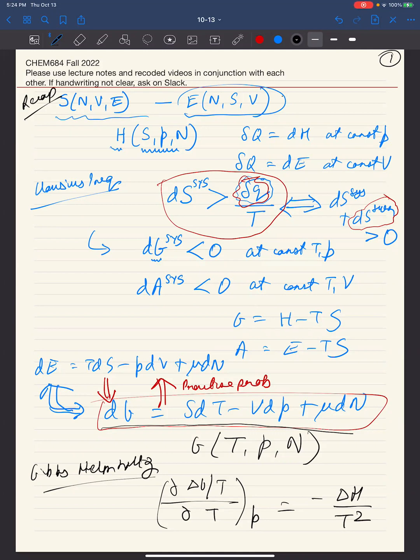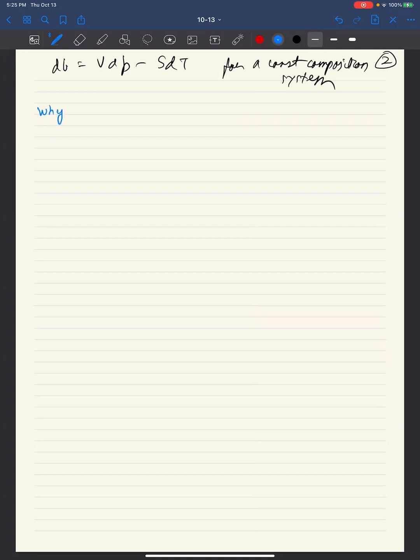Let's do more practical things with it. Today, we are going to use dG is equal to VdP minus SdT for a constant composition system. Okay, we are not going to worry about the N part. To do something simple, we are going to answer this question. Why is it that for almost all materials, there might be an exception?